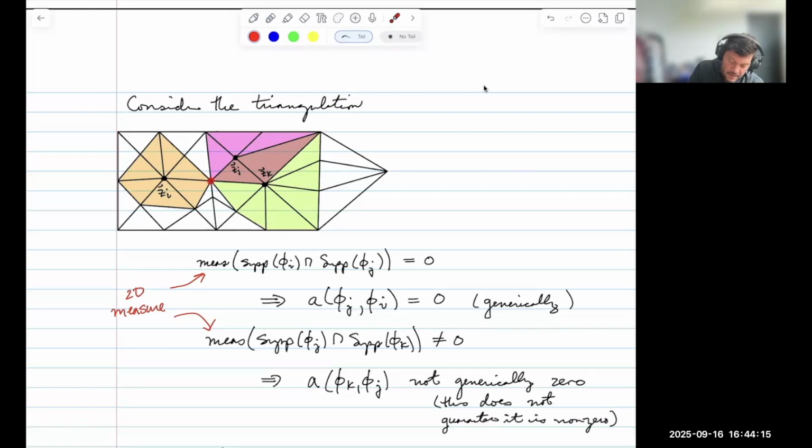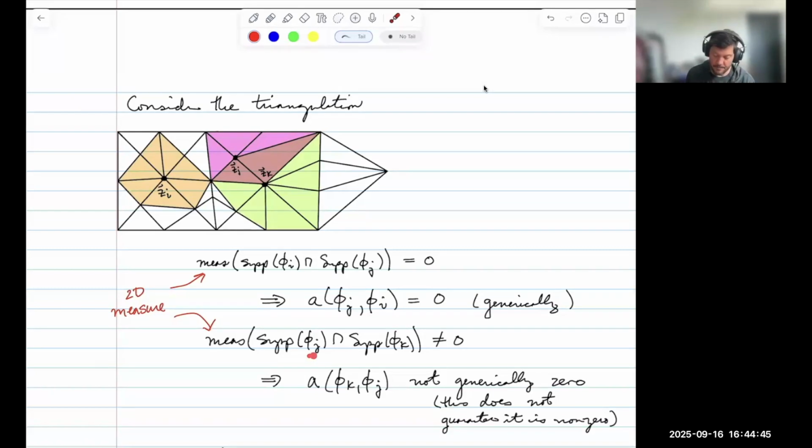In fact, the intersection of those two supports is this point right here. But that's just a point. The 2D measure of a point is equal to 0. The 2D measure of a line is also 0. So if I find the 2D measure is 0, I know that generically I'm going to have 0 for that entry, so I don't even have to spend any computational time worrying about it.